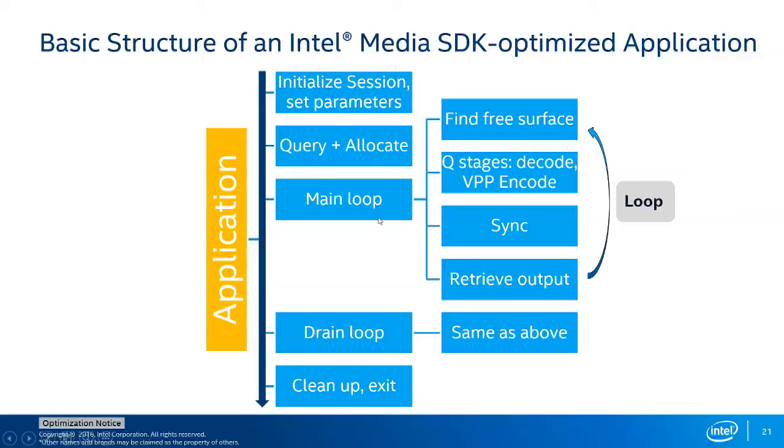Then there's a main loop, and I'll show a little bit more about that later. At the end, because it's asynchronous and frames are buffered, there's a drain loop to get the last few frames, but that's very similar to the other main loop. So it's usually not a big extra complication. Just wanted you to know that it's there.